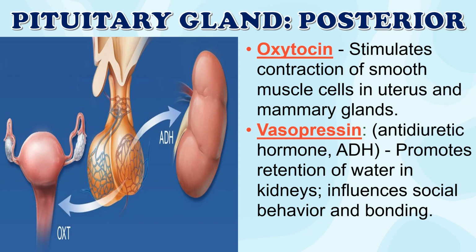Next, we have vasopressin. Vasopressin is the antidiuretic hormone, or ADH, which promotes retention of water in the kidneys and influences social behavior and bonding. It helps the kidney, because the kidney needs water balance.